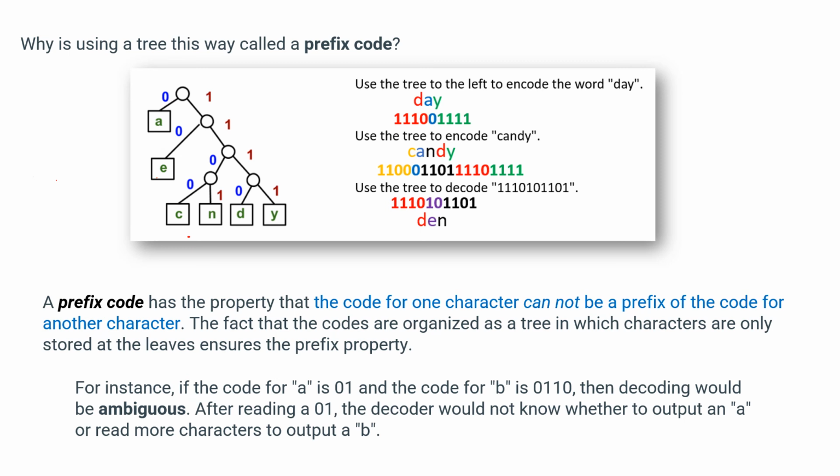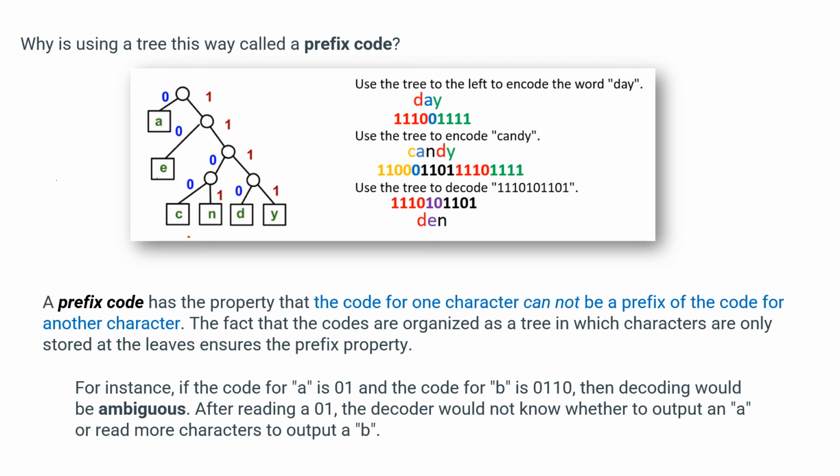So that's why we don't have a tree up here that's got this particular situation, right? Because 01 would be the code for A, but that would be a prefix for B because it starts with 01, and then we have some other characters after it. That's when it'd be a problem, right? Because then it'd be ambiguous. Does that 01 stand for A, or is that just the first part of B?